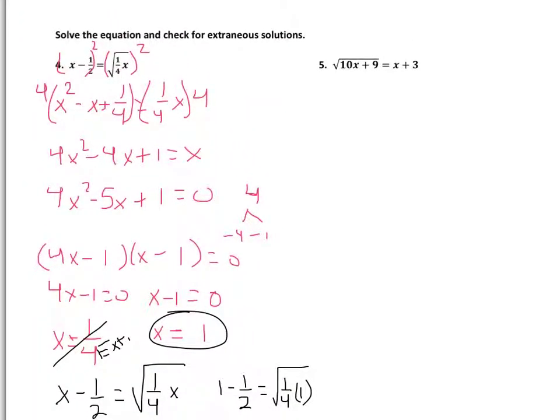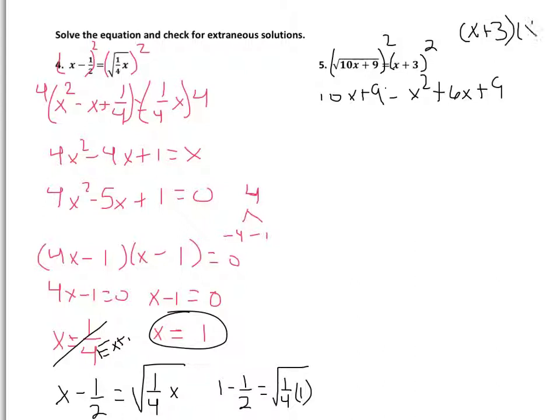It is isolated, so square both sides. So 10x plus 9 equals x squared plus 6x plus 9. Remember, that's x plus 3, x plus 3. Okay?